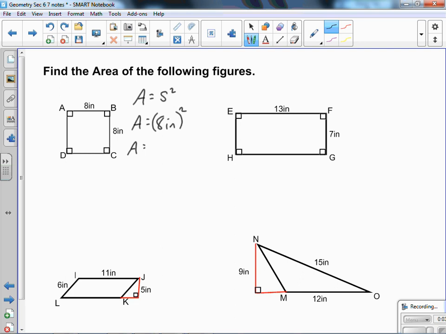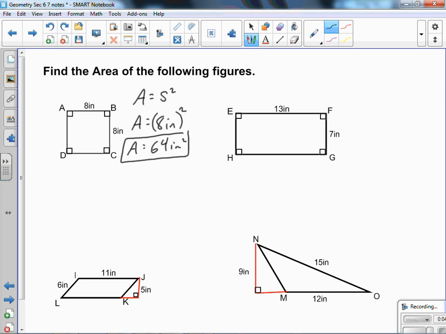And 8 times 8 is 64 inches squared. And make sure when you're doing these area problems that you put your answer with the units, and the units squared. If no units are given to you, then put u squared for units squared, just to show that you know that whatever it is would be squared in there.